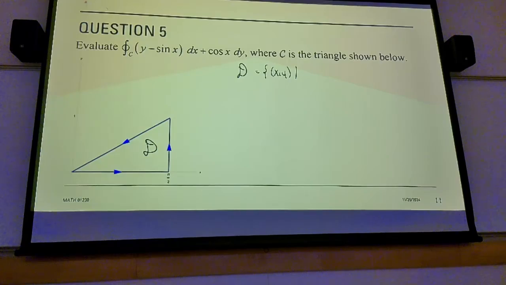X goes from 0 to pi over 2, and Y goes from 0 to 2x over pi.